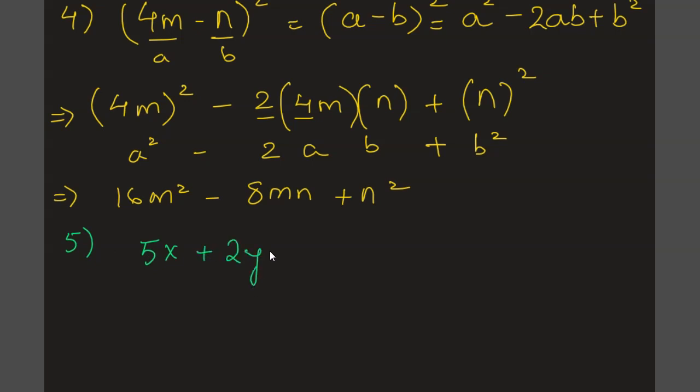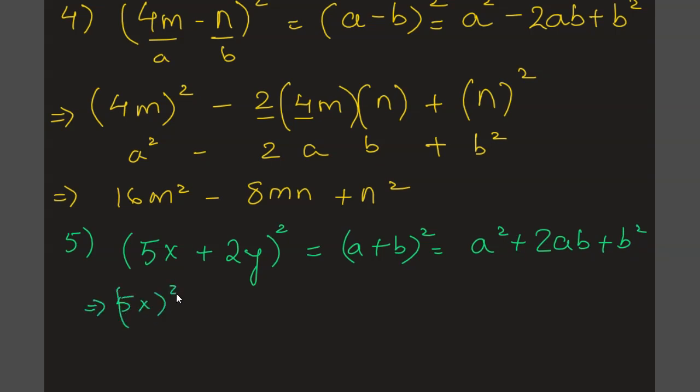5x plus 2y square. This is of the kind a plus b whole square, and we know that can be written as a square plus 2ab plus b square. So we have 5x square because 5x is our a and 2y is our b, plus 2 times a is again 5x, b is again 2y, plus b square, that is 2y square.